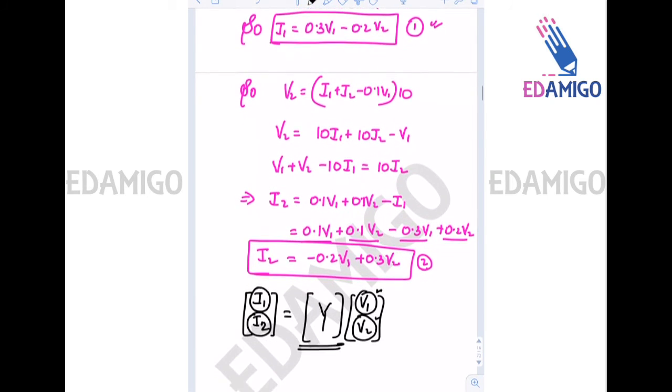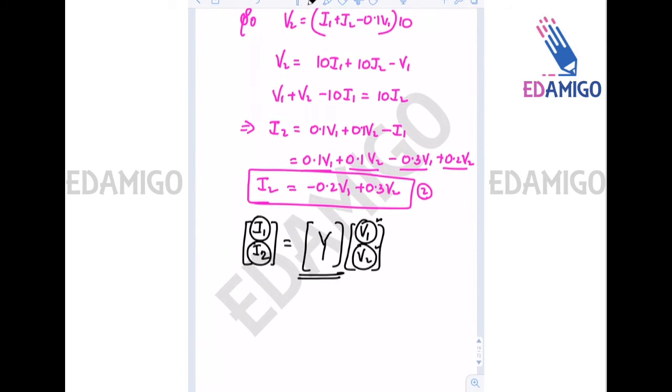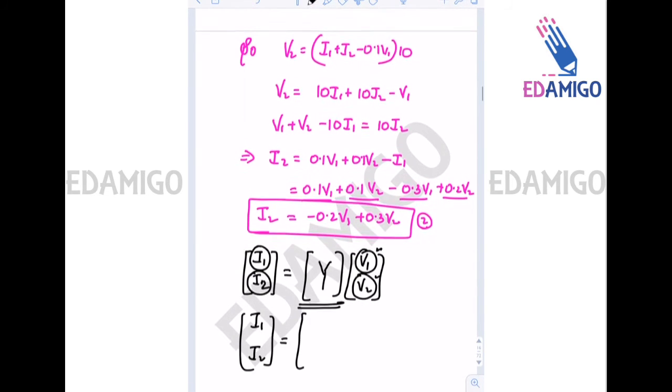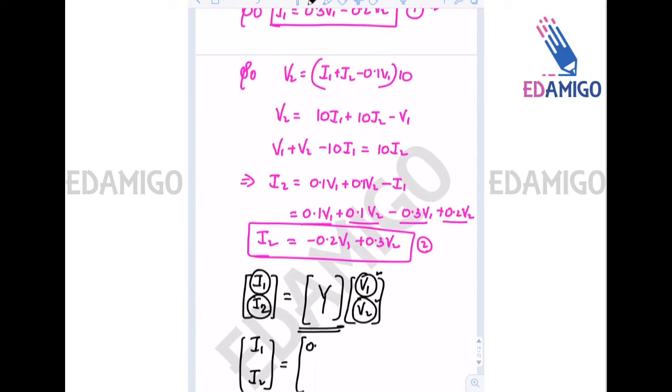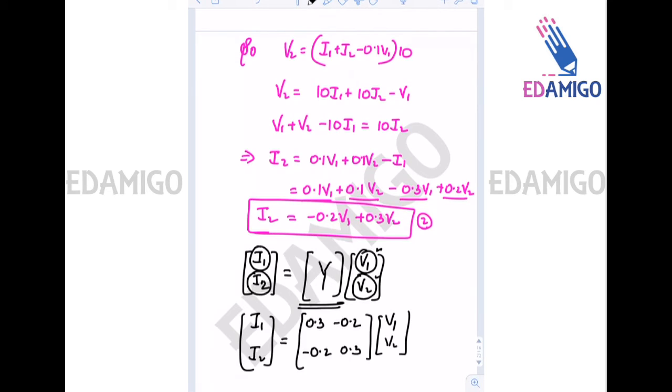So from equation 1 and equation 2, we can see that from equation 1, this is 0.3, this is minus 0.2, this is minus 0.2, and this is 0.3, multiplied by V1, V2. So this is the Y matrix.